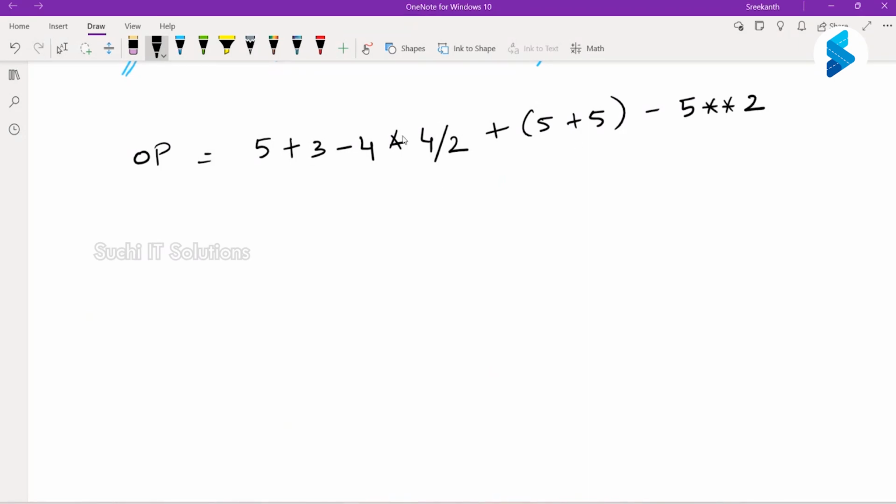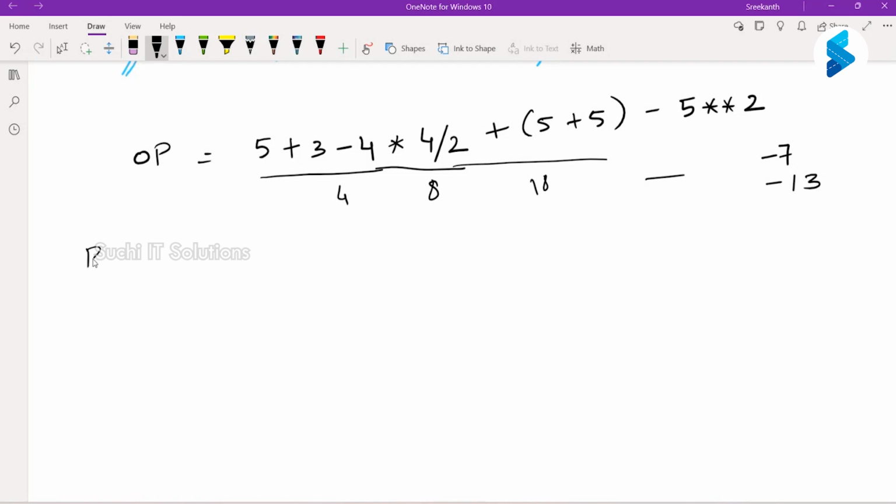So this is the expression. Do not use a calculator or the Python syntax as of now. Just by looking at this, can you please tell me what would be the output? -7. Okay, wonderful.